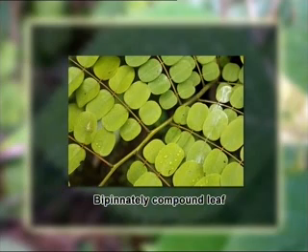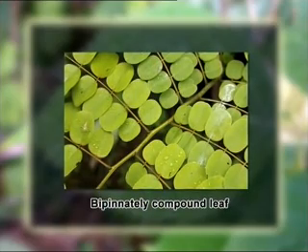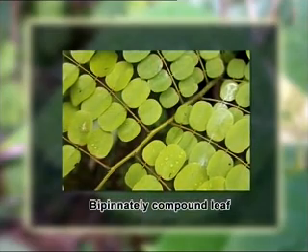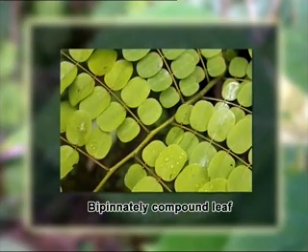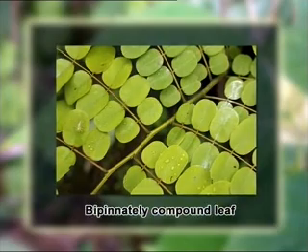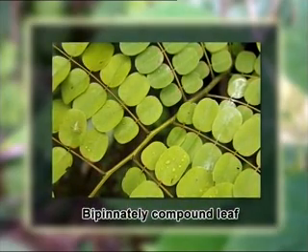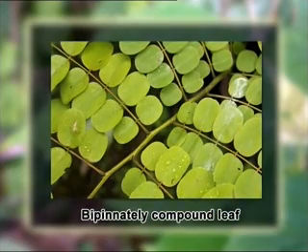Now, bipinnate. It's a twice pinnate compound leaf. The pinnae are dissected again into pinnules. Thus, the main rachis produces secondary axes which bear the pinnules. For example, Acacia nilotica, Mimosa pudica, etc. Then tripinnate.